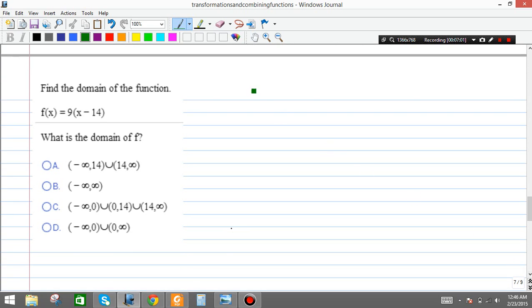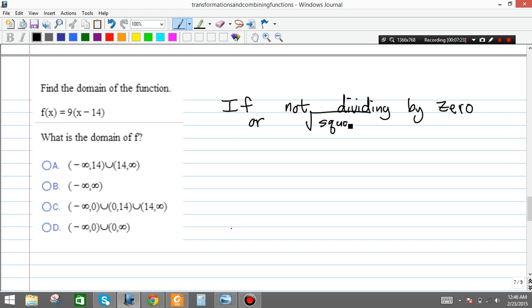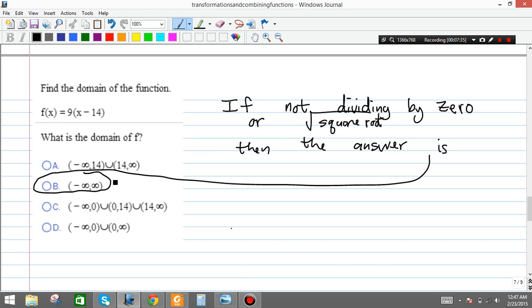Find the domain of the function. The remark here is that if you're not dividing by 0 or taking a square root, then the answer is this one, -infinity to infinity.